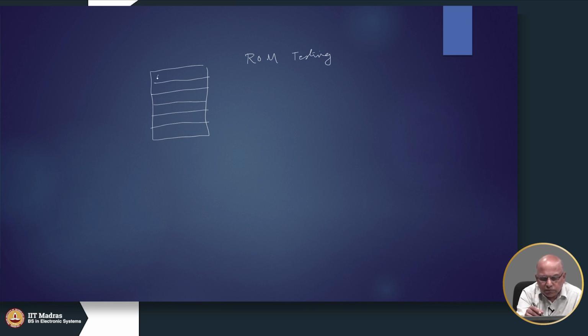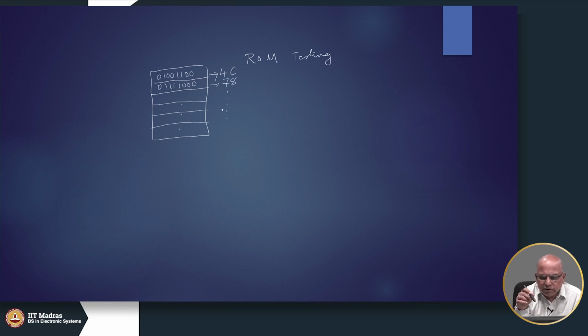So, the bits are always going to be the same. So, if you treat them as hexadecimal values, this may be 4C, this may be 78 and so on.